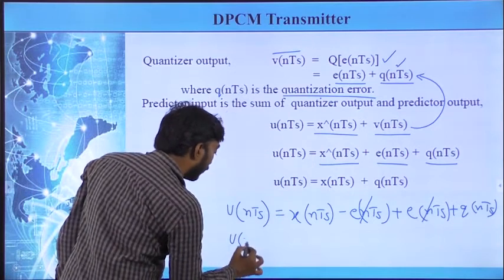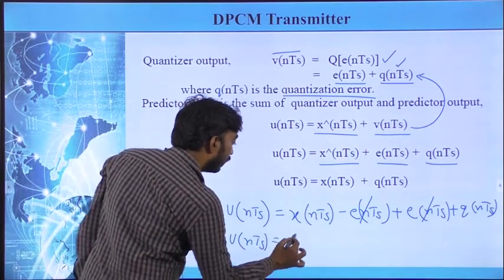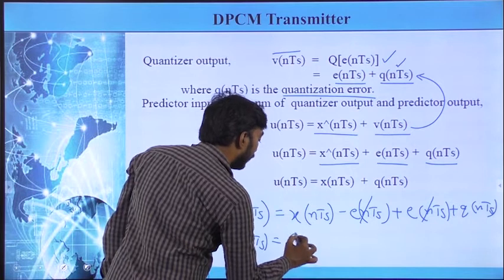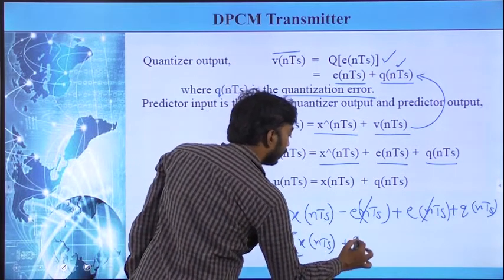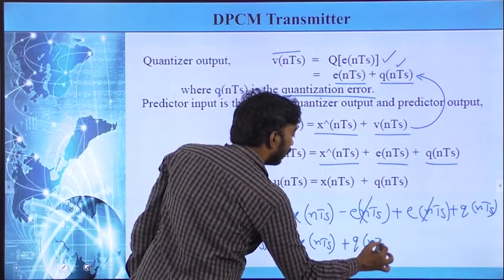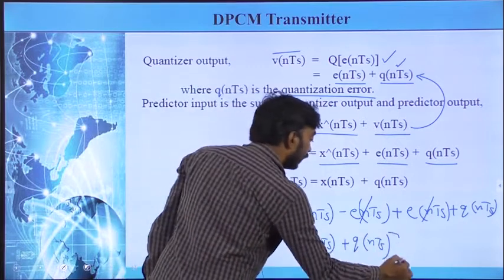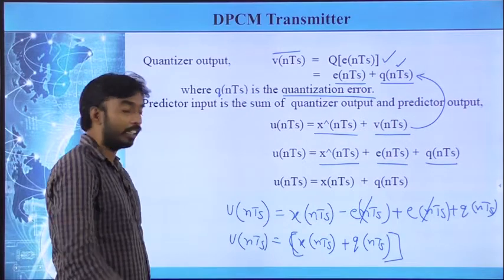The input of the prediction filter is X of nTs plus the quantization error.